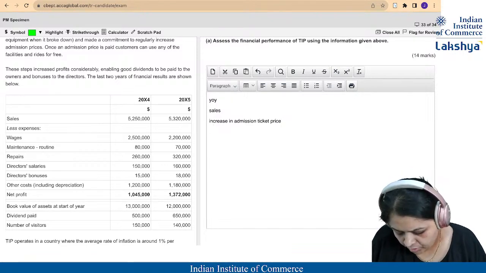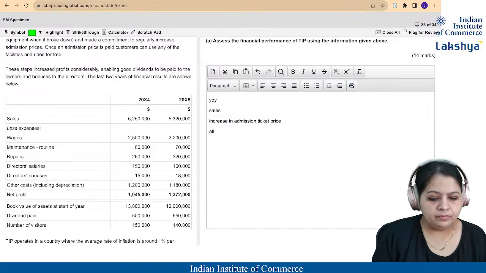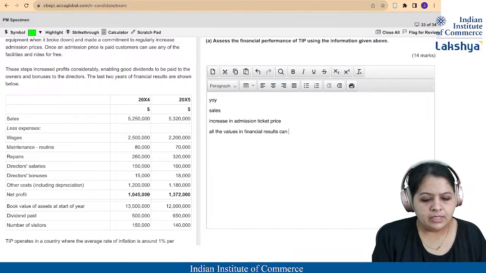Directors pay, we can talk about bonus, we can talk about wages reduction, loss of customers, profits, return on assets. I mean, all the values in the financial results can be calculated year on year.